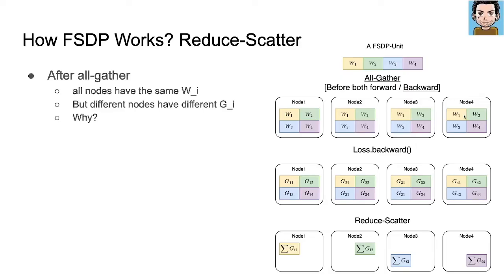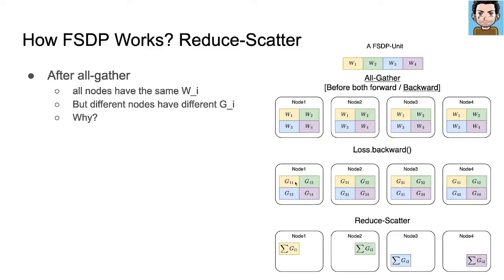I'm assuming that we have already performed the forward pass and we have a loss value. To compute the gradient, we will call loss.backward. Now, every GPU will have a gradient, as you can see in this figure. It's important to note that different nodes will have different gradients for the same parameter.